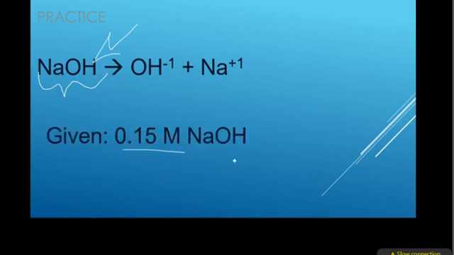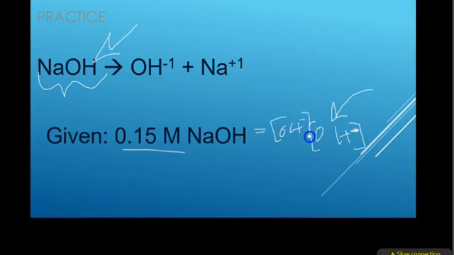If they give you the molarity of your base, now you're jumping in on that side of the pool. And remember that for a strong base, the molarity equals your hydroxide ion concentration. So that automatically is equal to your OH minus.